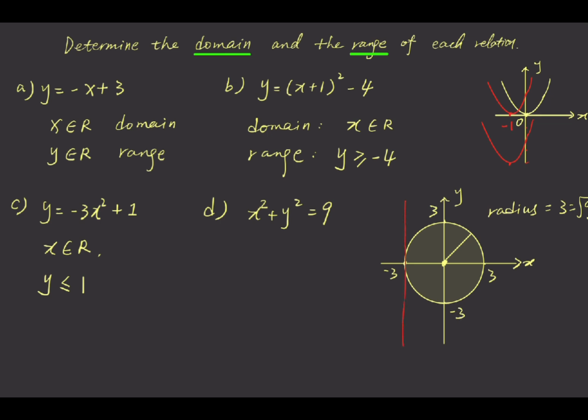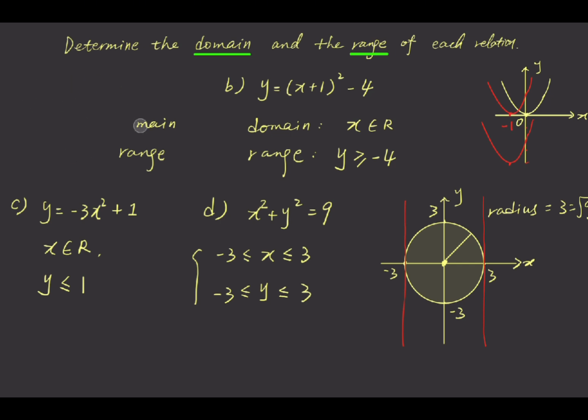So x should be between this interval and y should be within this interval. So the domain is x greater than or equal to negative 3, less than or equal to positive 3. The range is also greater than or equal to negative 3, less than or equal to positive 3. This is the range and the domain.